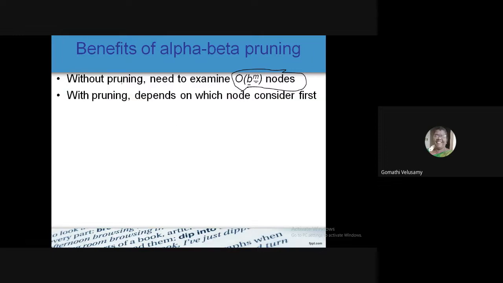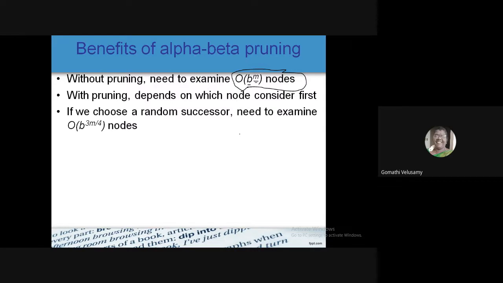Whereas when I am applying alpha beta pruning, it will be decided by the nodes which I am going to consider first. Am I going to consider only a particular subset of successors, or the entire successor list? Accordingly, this will be decided. Normally they choose a random successor.